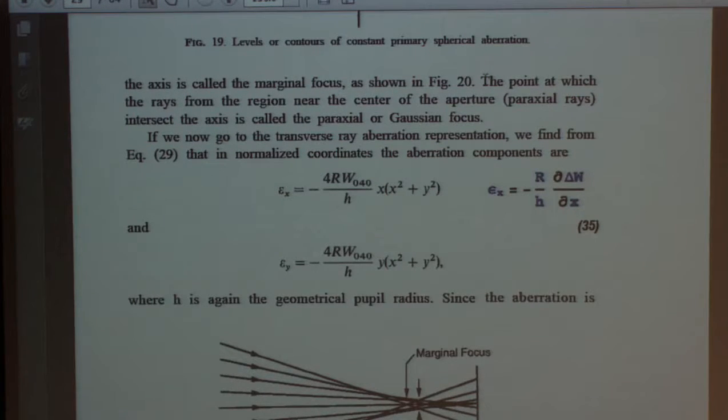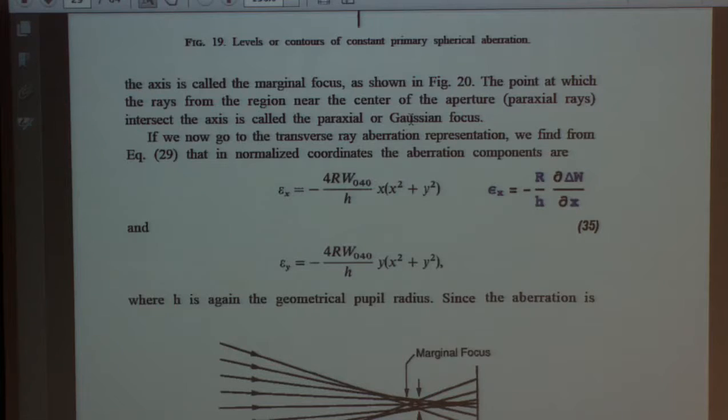Okay, so let's calculate the transverse aberrations. And remember, it goes as minus r over h, partial delta W with respect to x or with respect to y.